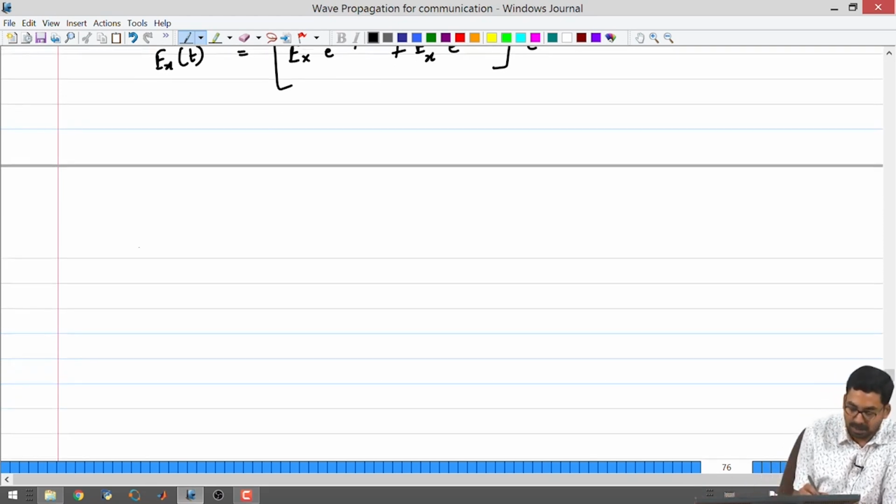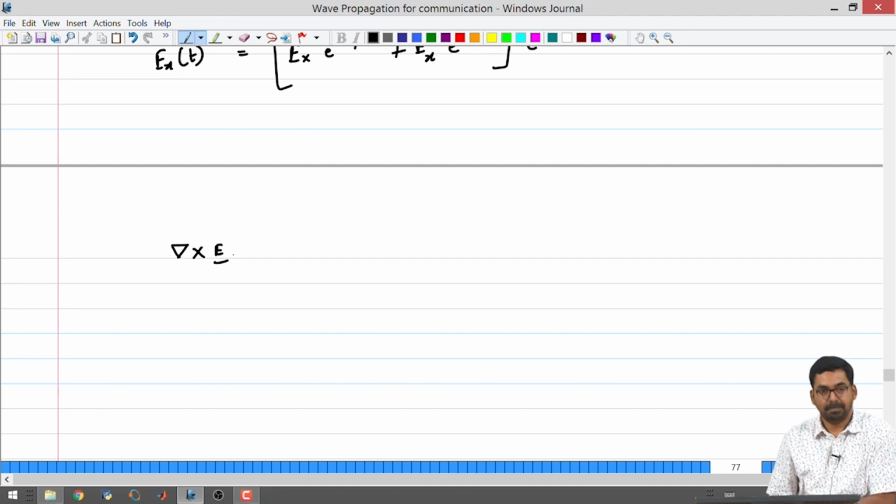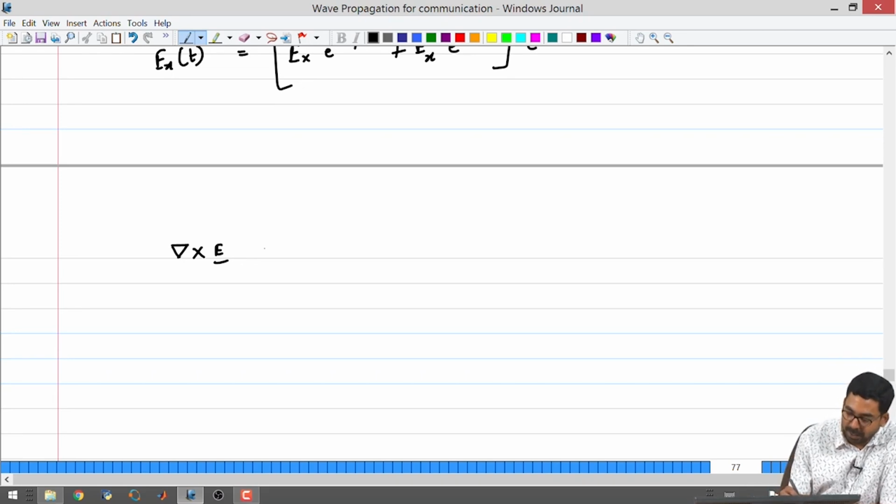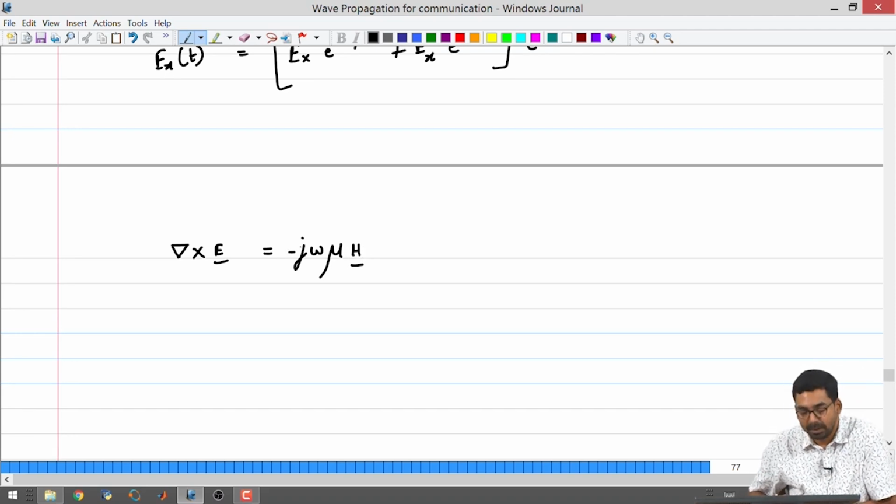Let us write down the equation for del cross E. We are considering a time harmonic case, or a case where the source is periodic in time, which means that you can also write down the right hand side of your equation to have a j omega mu H. Previously, we would have written this down as minus mu dou H dou t.